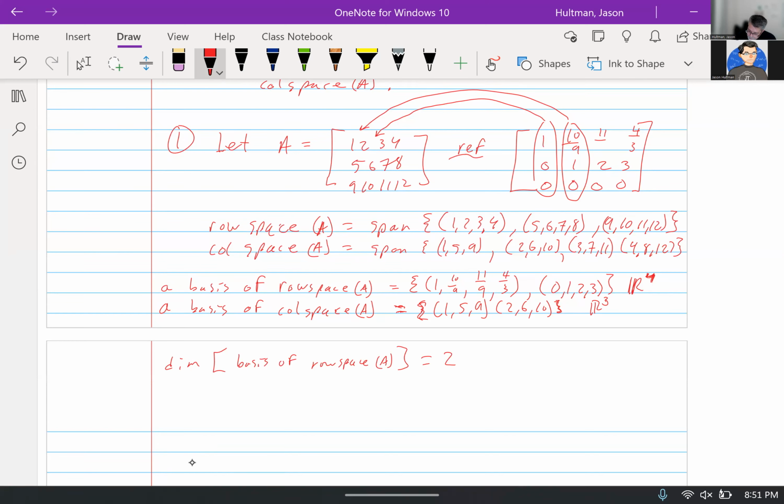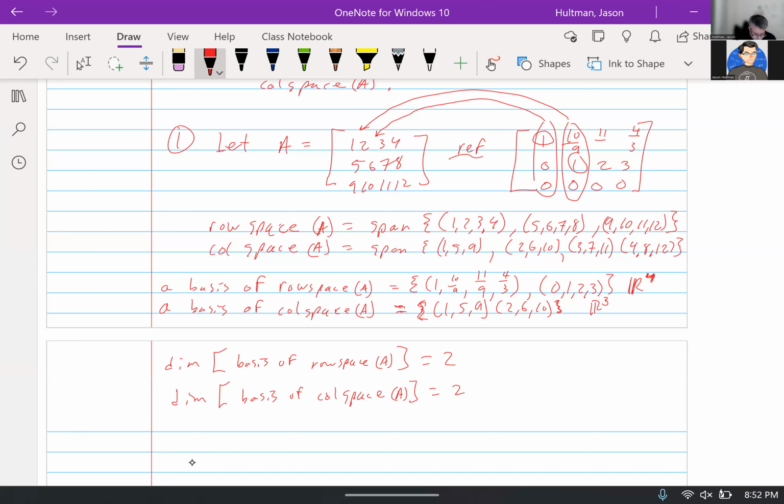And then what about the dimension of the basis of the column space of A? That's also 2 vectors, and it's based on the leading ones. If I only have 2 leading ones, then the basis of the row space is going to have 2 vectors, and the basis of the column space is going to have 2 vectors.